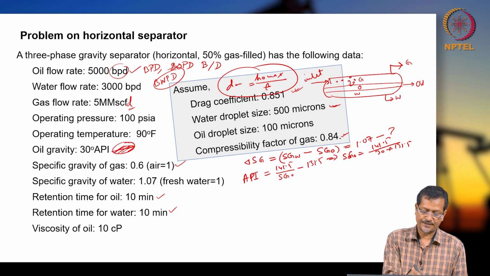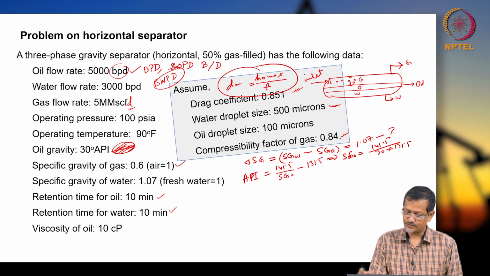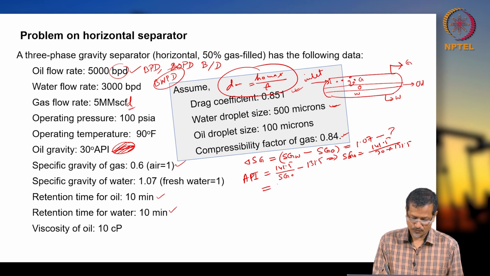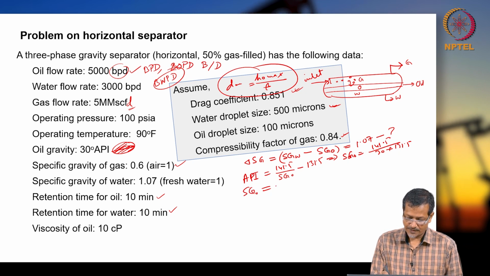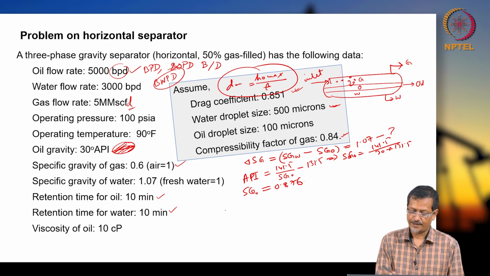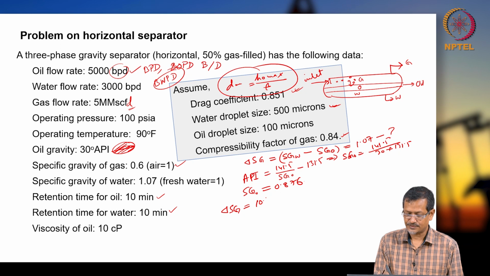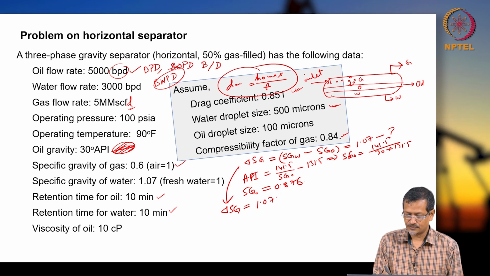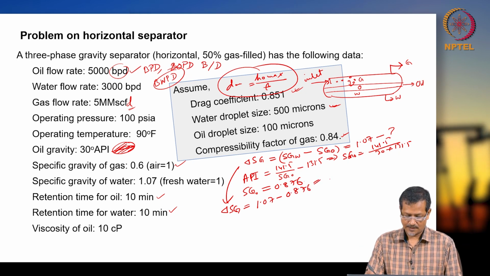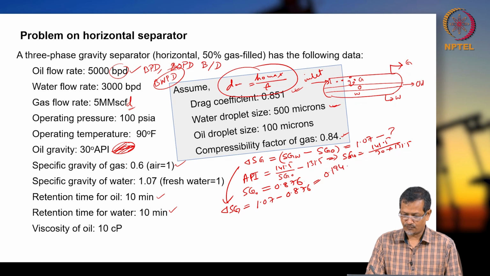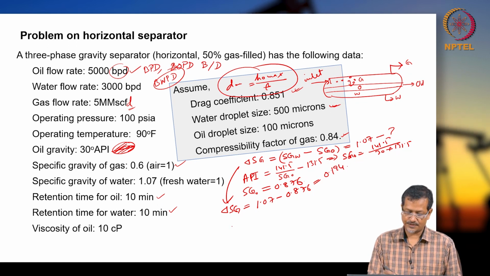So this value comes as 0.876. Now del Sg is Sg water 1.07 minus 0.876, so it comes as 0.194, the Sg difference.